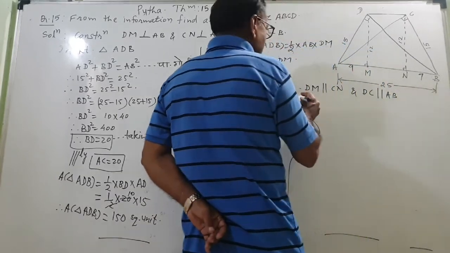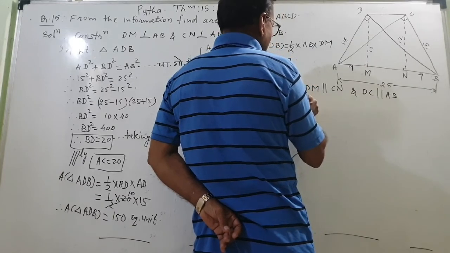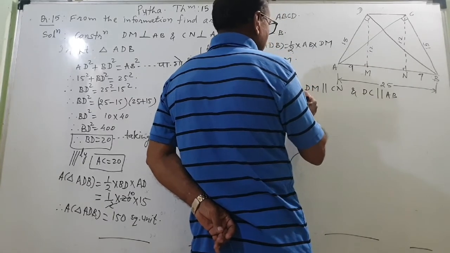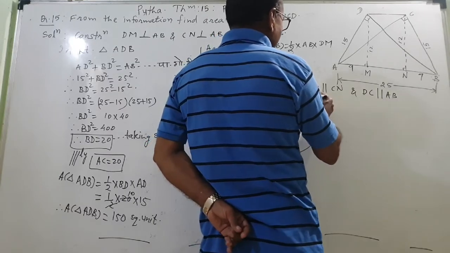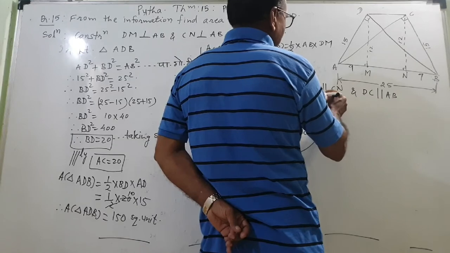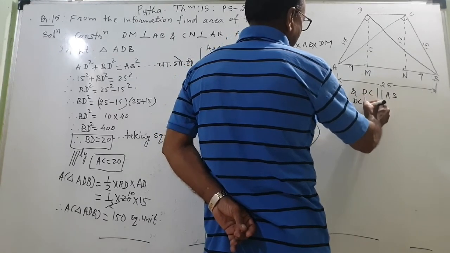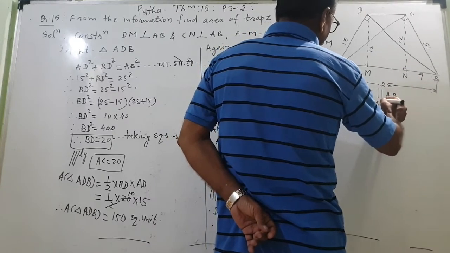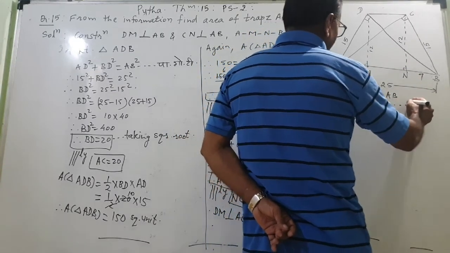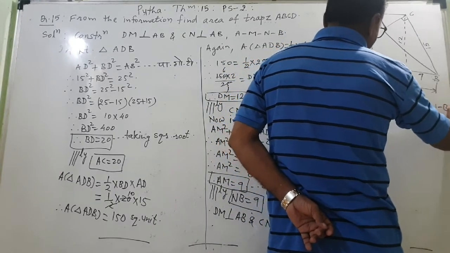That is, DM parallel CN and DC parallel, instead of saying AB, I can say MN. The reason I will give here A dash, M dash, N dash, B. That's why I can say like this.